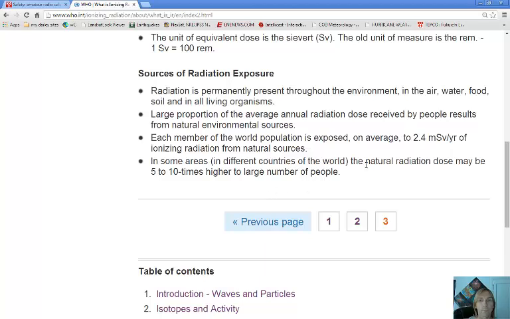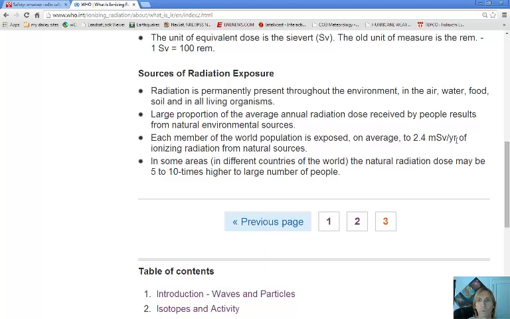But let's always remember that 2.4 millisieverts a year of ionizing radiation from natural sources, those are the ones that are lower in frequency. These natural sources aren't in the high frequency range into the gamma range that hurt us.